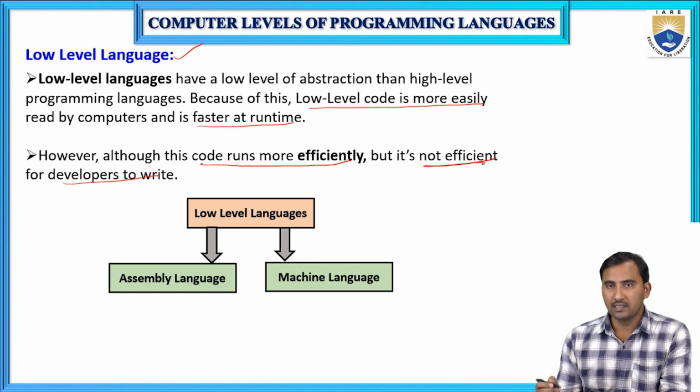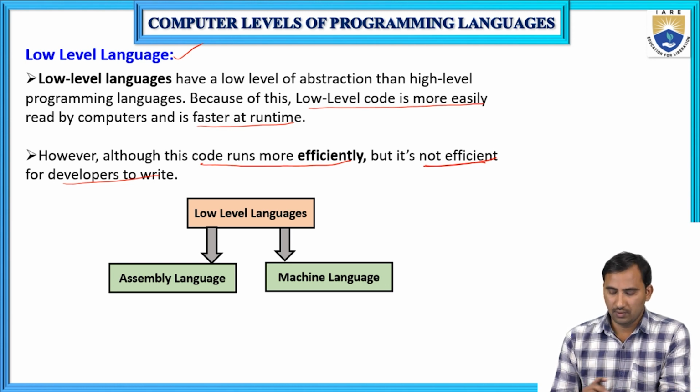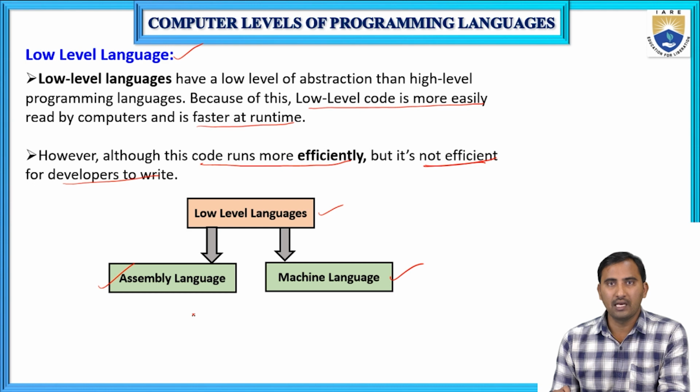That's why writing a program using a low level language is not as efficient as writing the program in the high level language. Okay, so the low level languages are classified into two types: one is assembly language and the other is machine language. Both are classified under the low level language.